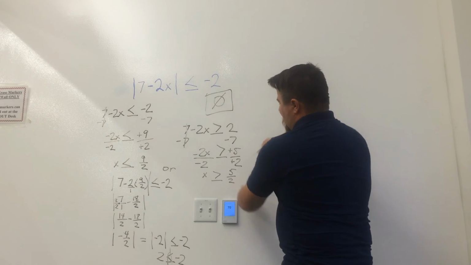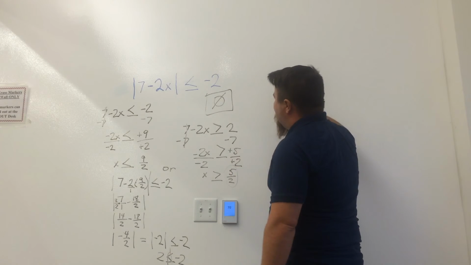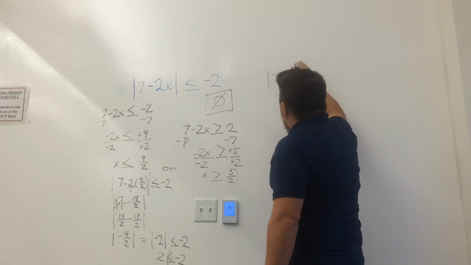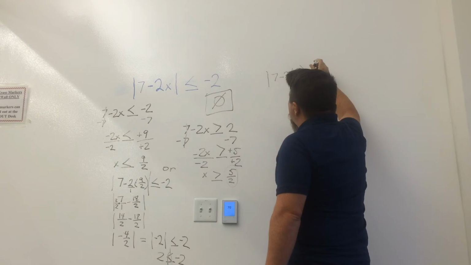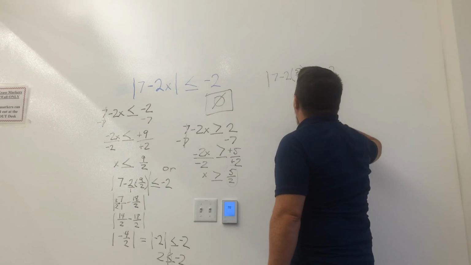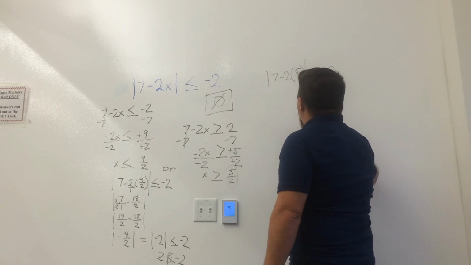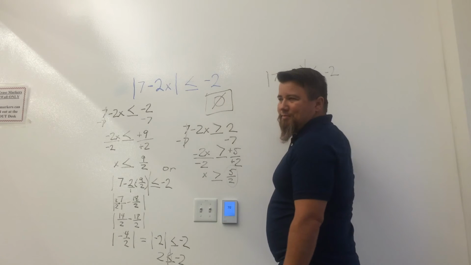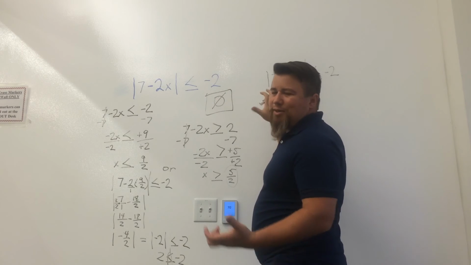Alright, so the other side is 5 halves. So the absolute value of 7 minus 2 times 5 halves is less than or equal to negative 2, because we're trying to make sure that this original problem makes sense, right?